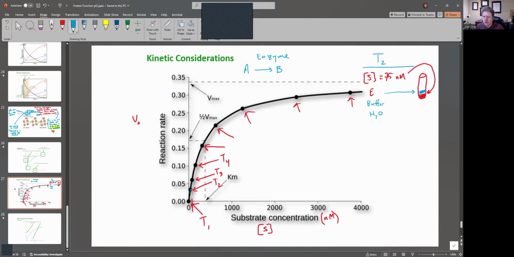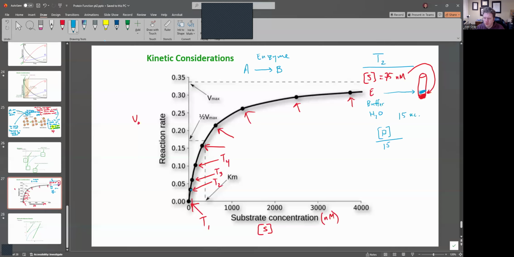And they're going to let it incubate, let's say for 15 seconds. And after 15 seconds, they will monitor the production of the product. So they're going to watch the product formation and the rate that that product is formed. So that would be product concentration divided by 15 seconds.